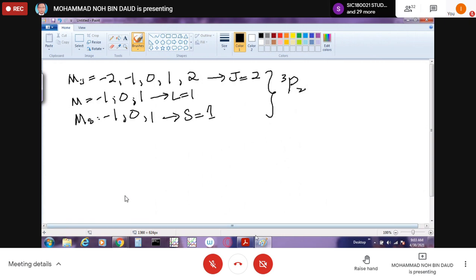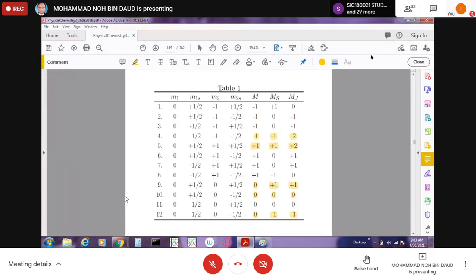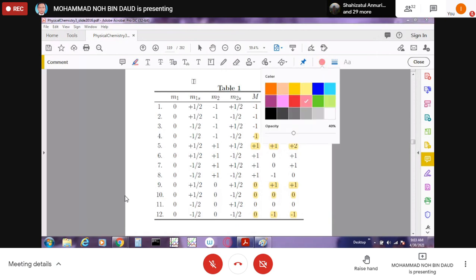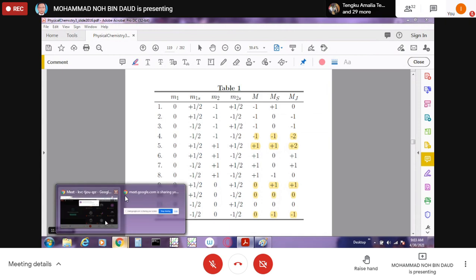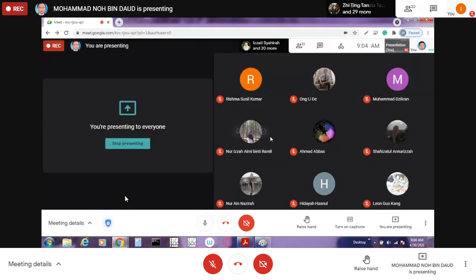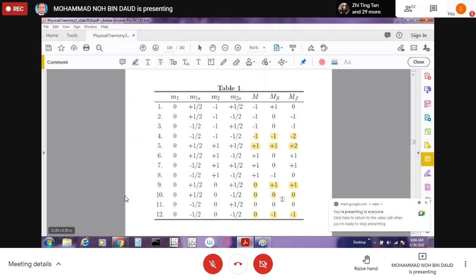Similarly, you can do for the, okay, now what is left for the MJ, the quantum number MJ is negative 1, okay, and positive 1.